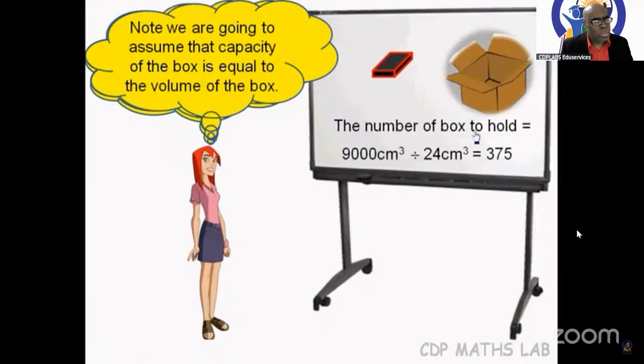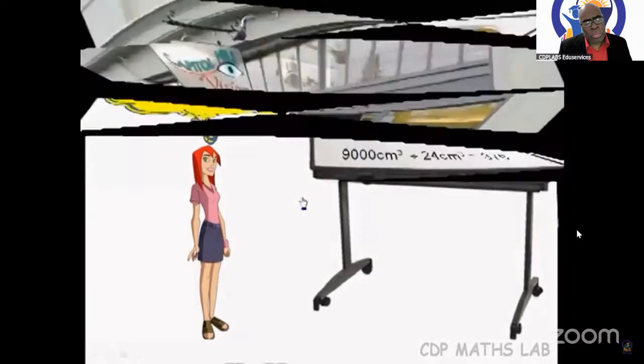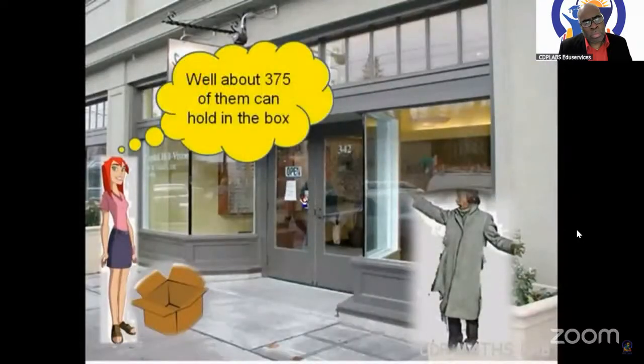So the number of boxes to hold is equal to 9,000 cubic centimeters divided by 24 cubic centimeters, which is equal to 375 boxes. Very good. About 375 of them can hold in the box.